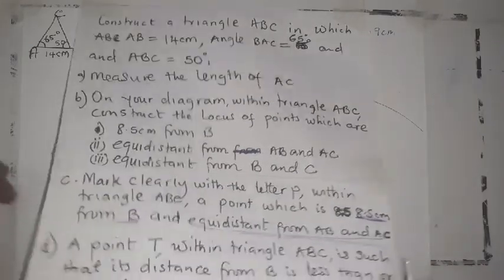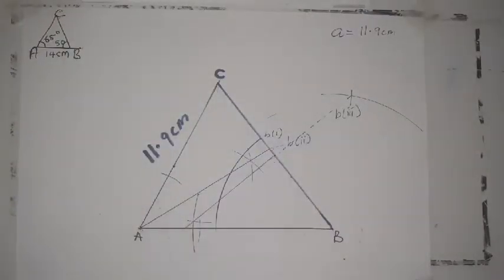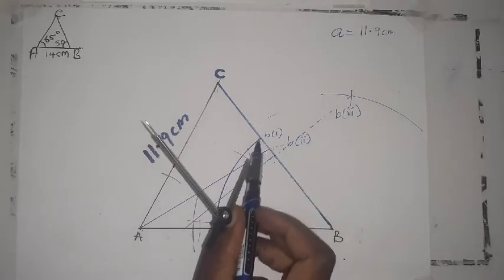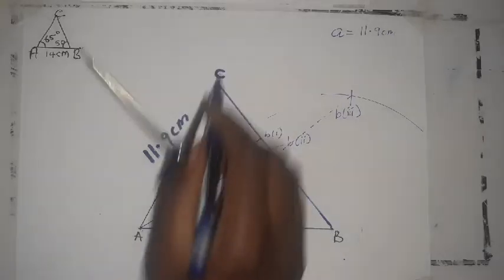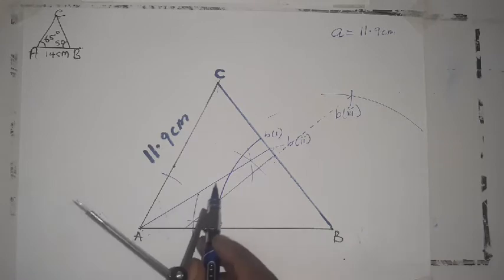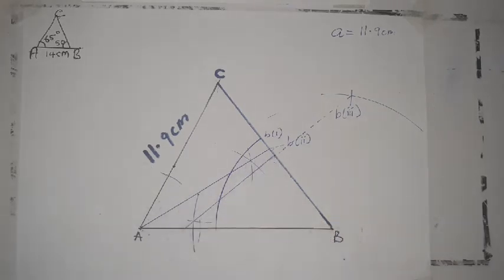Okay? So, let me take you back. Remember, this was the arc for 8 centimeters from B. Are we together? Then the other one that talks about equidistance from AB and AC, it's this one. So where do the two meet?